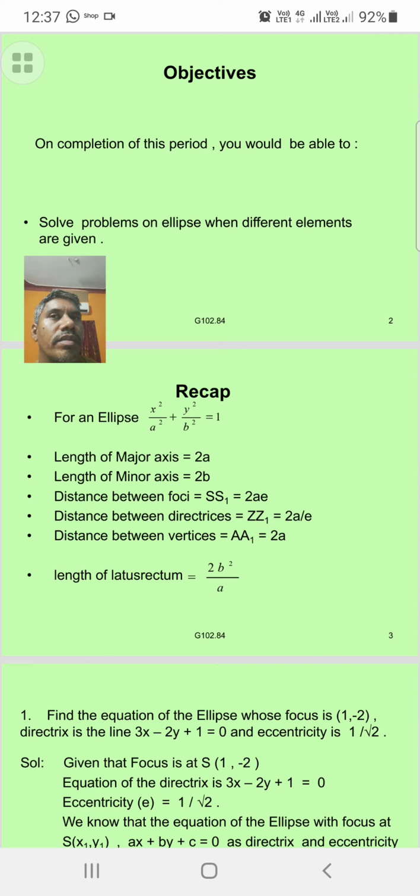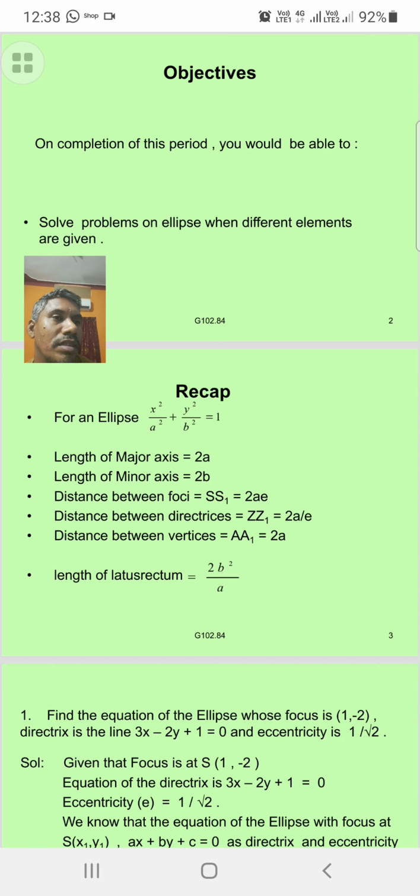Second thing, for some questions we cannot decide directly based on the question which form it suits, or we cannot take the values of a, b, e, or h, k.